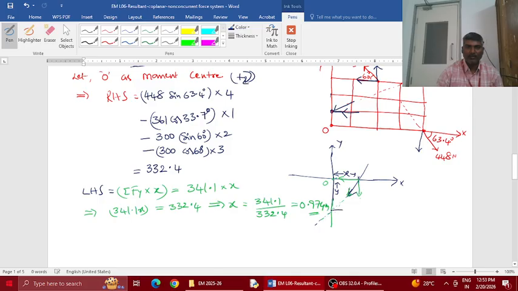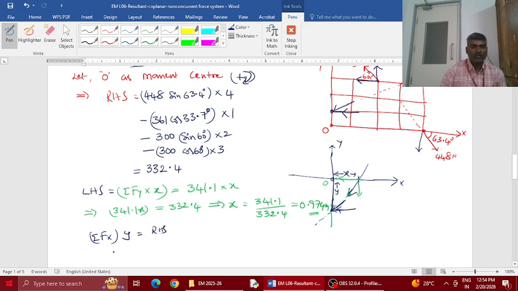Again you have two components, vertical and horizontal. The vertical passes through O, so it doesn't make any moment, only the X component. So sigma Fx into y is equal to the right hand side.